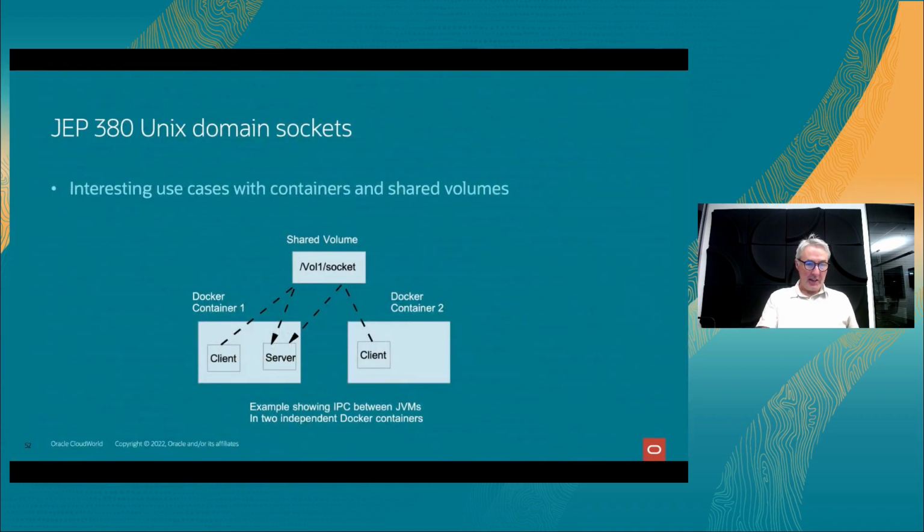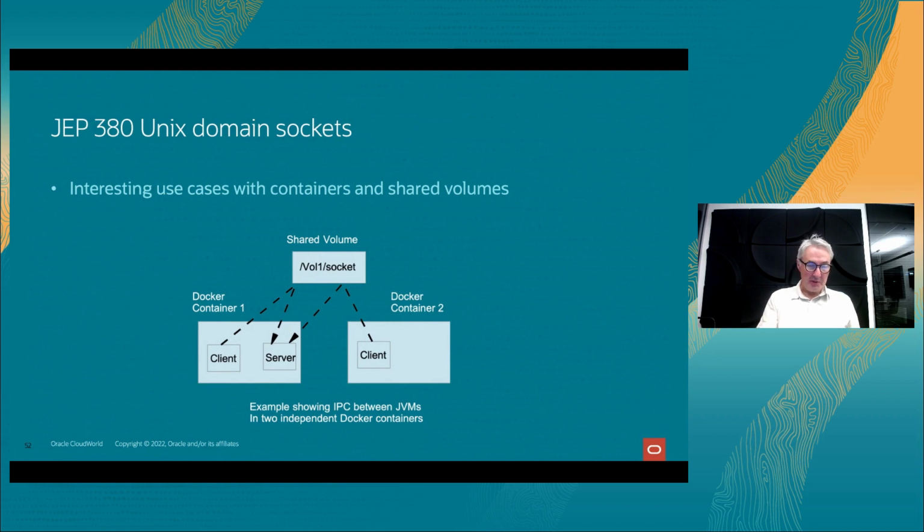So one other interesting use case with Unix domain sockets concerns containers and shared volumes. This illustration here shows how, let's say you have two containers, container 1 and container 2, and you have a shared volume that's visible to both containers.